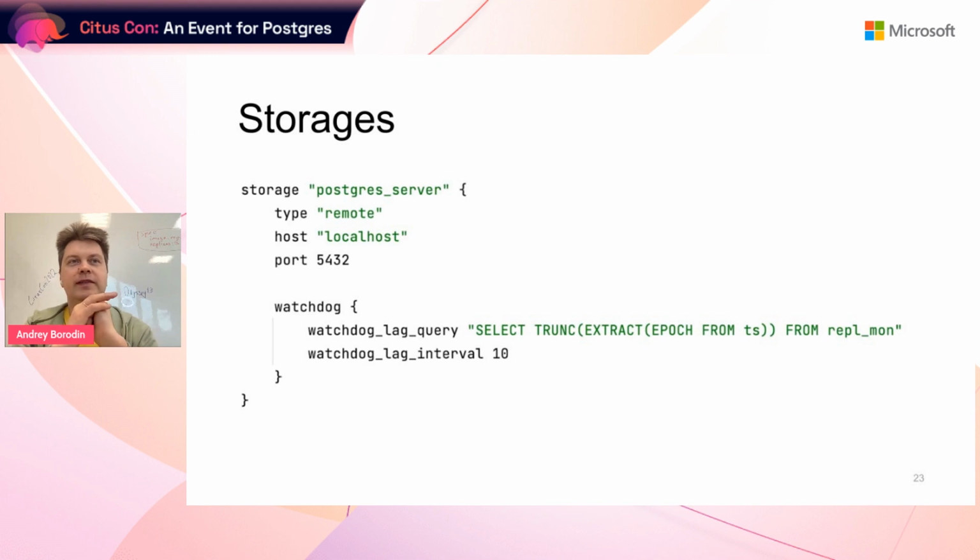So basically, this is how new your data is, and the server will reply with a Unix timestamp, saying the second at which its data currently is.